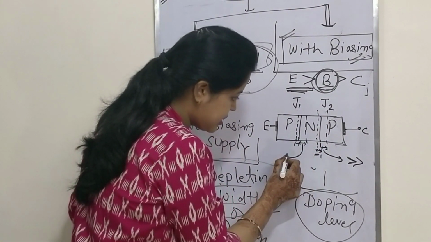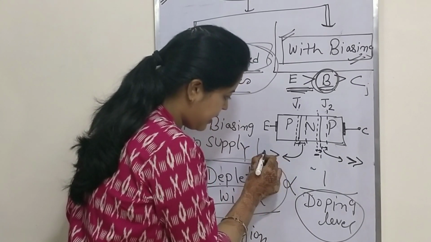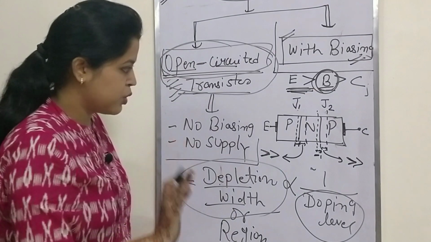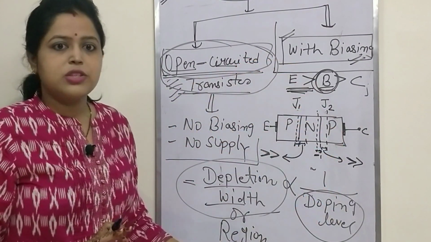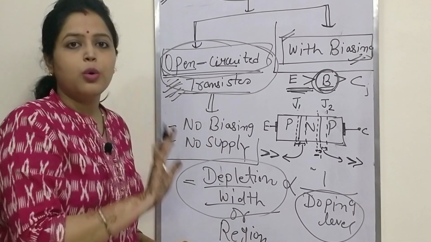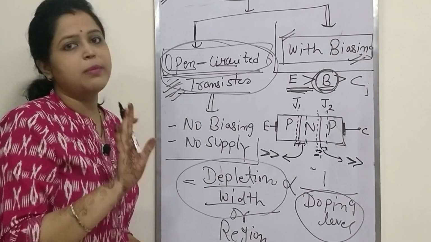Again this section is greater than this section. So this is the general structure or general mechanism when the transistor is operated in open circuited mode without any power supply.